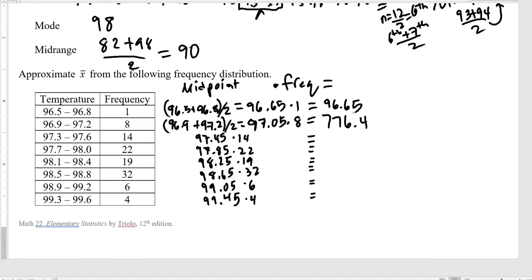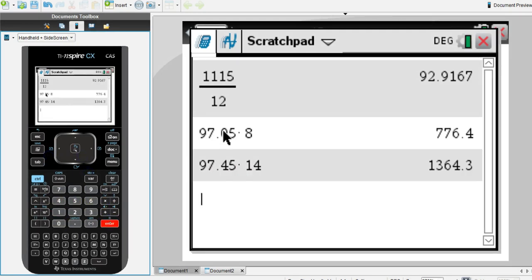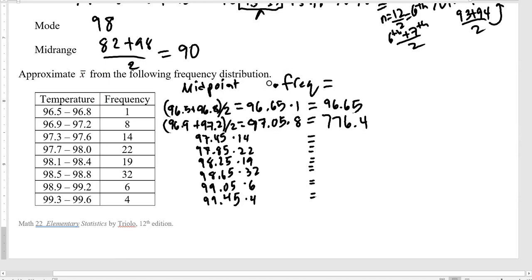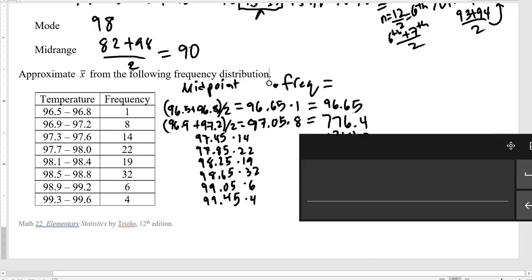Okay. 97.45 times 14 is 1364.3. 97.85 times 22 is 2152.7.